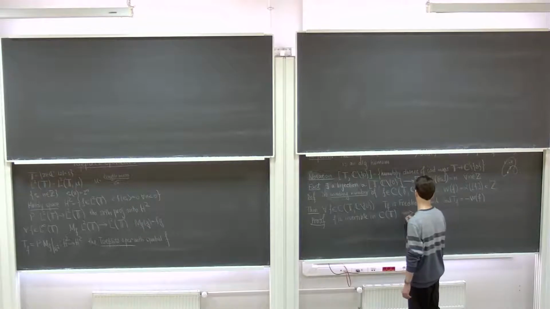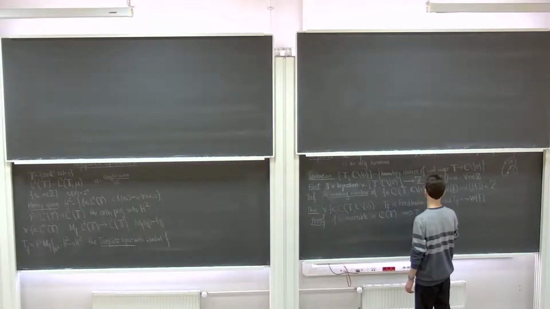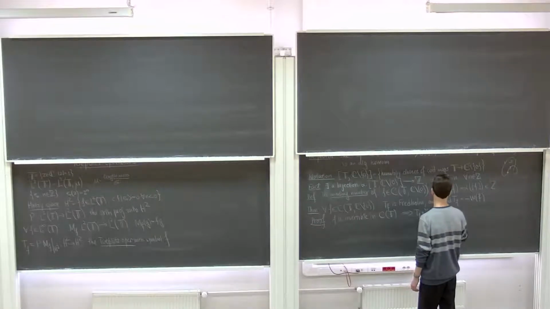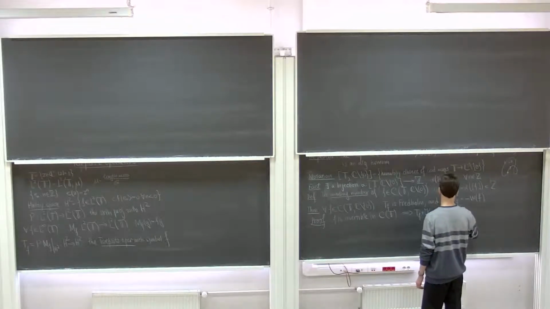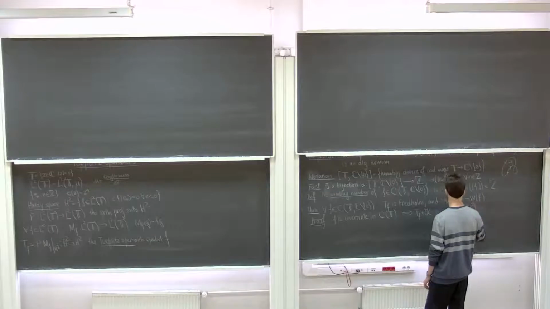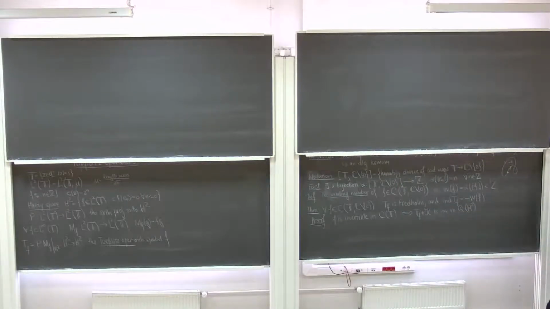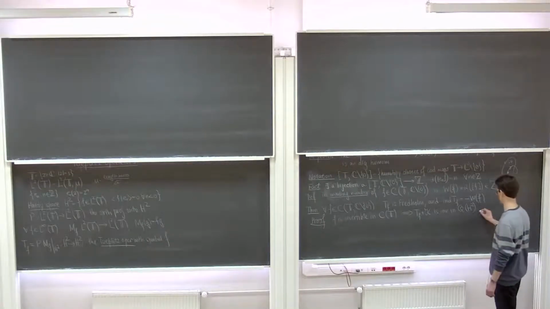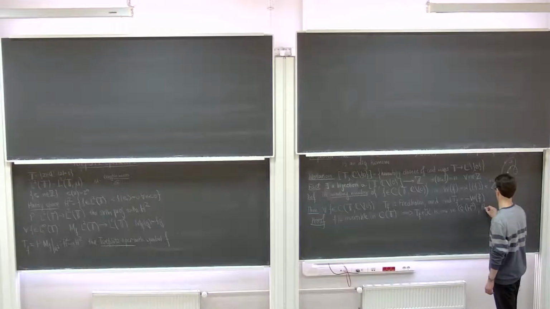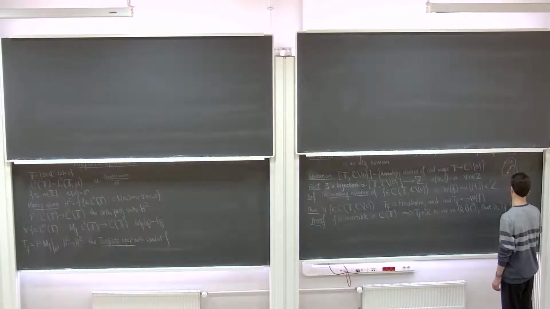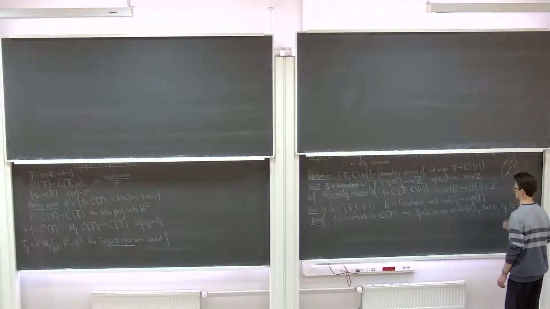So the respective element of the Calkin algebra, Tf plus K, is invertible in the Calkin algebra. But we already proved at the previous lecture that this property means precisely that the operator Tf is Fredholm.